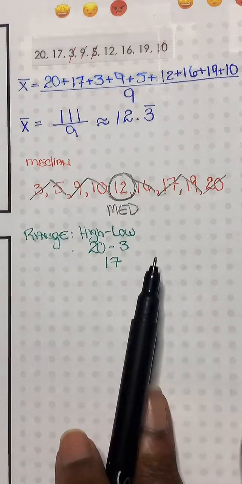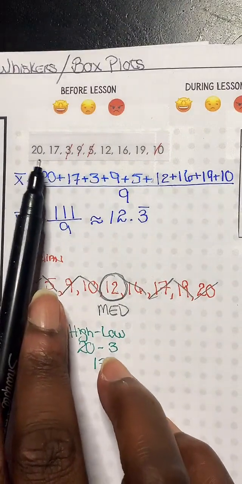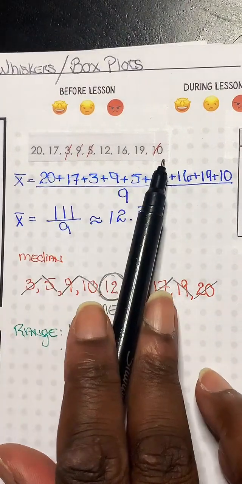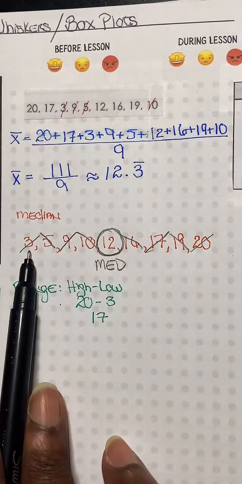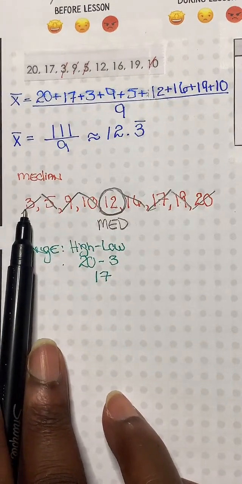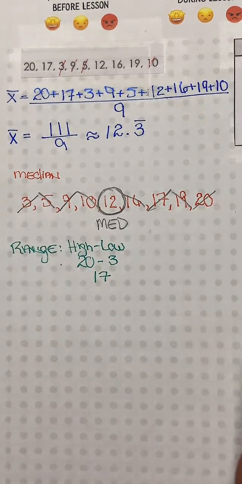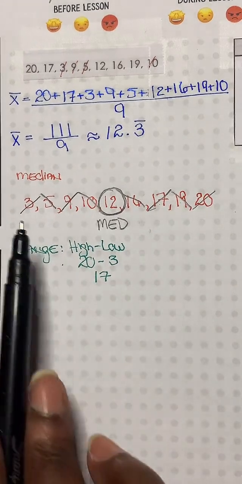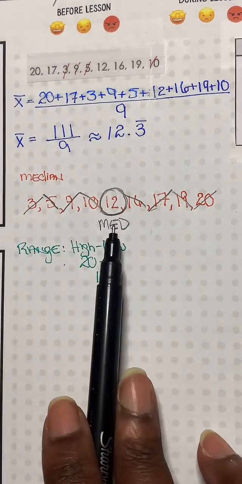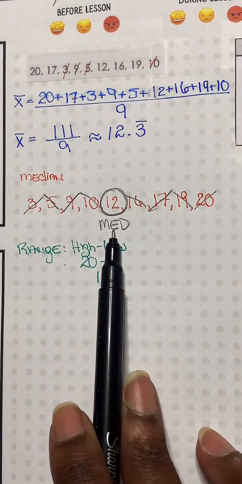Sure. Well, one, we have our data set, and our data set needs to be placed in numerical order. So I like to go from least to greatest. Some people like to go from greatest to least. But what happens is median means middle. You're looking for the number in the middle.